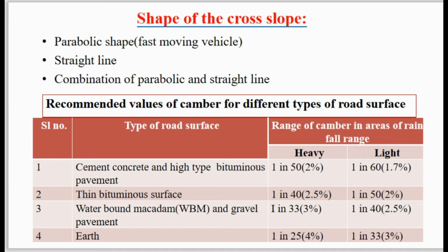If we compare the earthen road and that of the cement concrete or high type bituminous road pavement, we can observe clearly that the slope of 1 in 50 is required for the cement concrete or high type bituminous pavement, whereas the earthen road requires a cross slope of 1 in 25 or 4%. That means there has to be an increase in the cross slope provided, just in order to drain out the water as soon as possible.